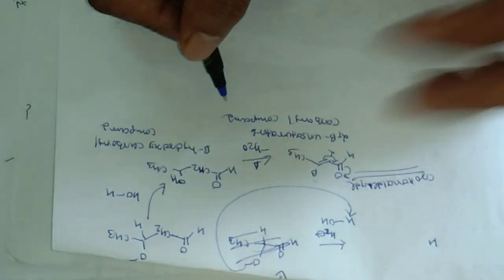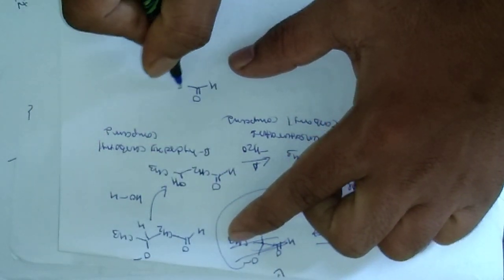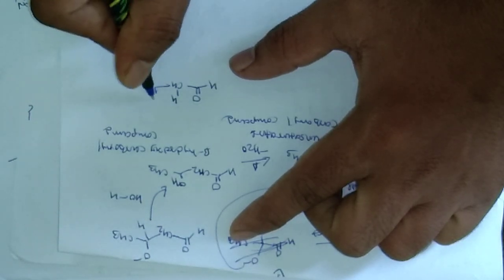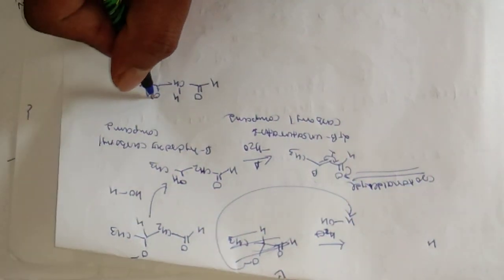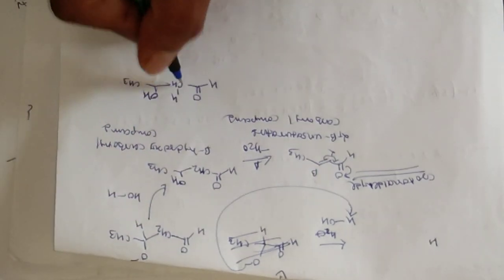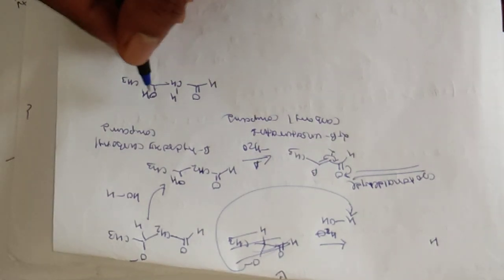One important thing in dehydration: I am writing again here neatly, CH OH CH3. Dehydration follows which mechanism? Elimination is there, but which type: E1, E2 or E1CB?